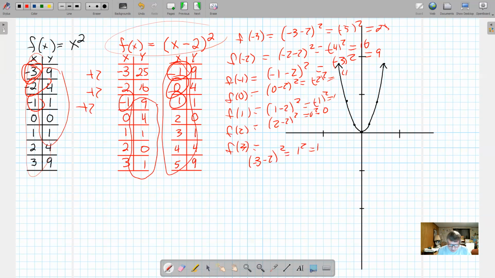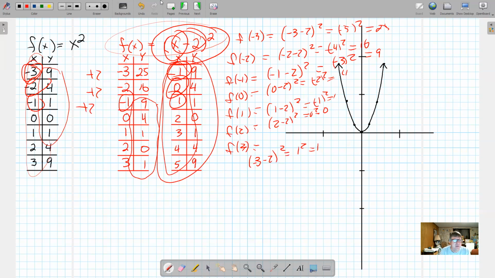Why is that? Well, inside of the square, we put x in, then we subtract 2 and square the results. Well, we need our x values to be 2 larger than they were before, because the first thing we're going to do is take 2 away from it. Now, what does all that do to our graph?